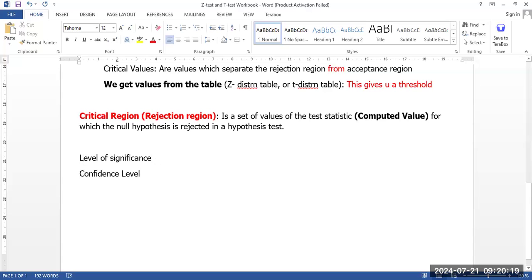Now, level of significance shows, in simple terms, the percentage of error you are likely to make.